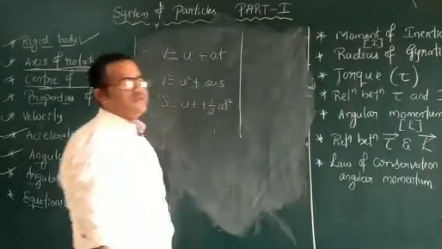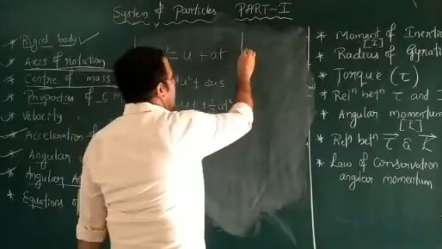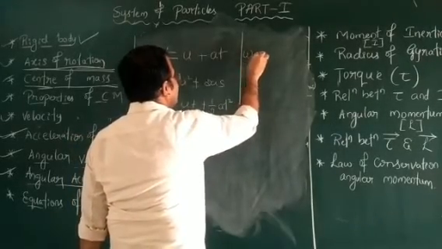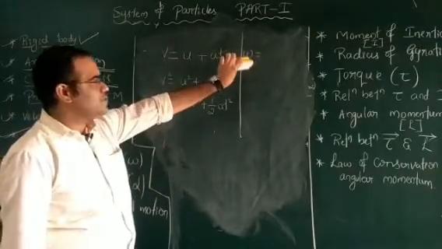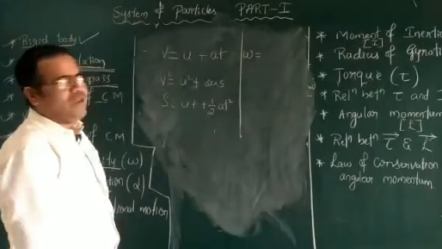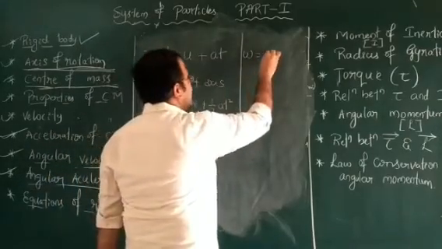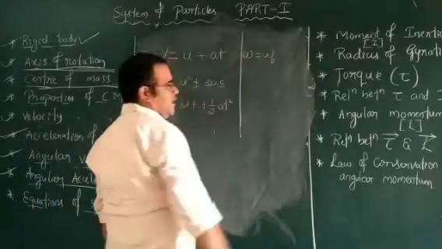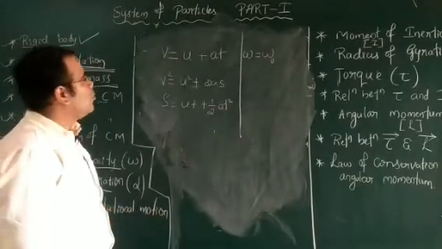Similarly, when we have rotational motion, the final linear velocity you replace by angular velocity, that will be omega. The initial velocity is replaced by initial angular velocity, omega naught.